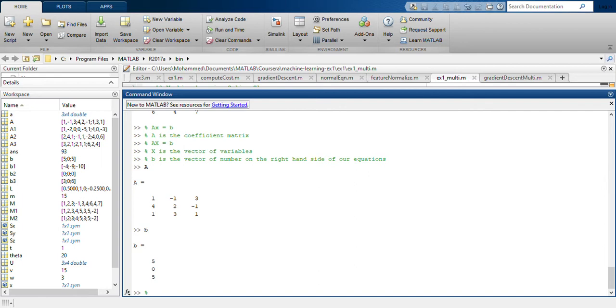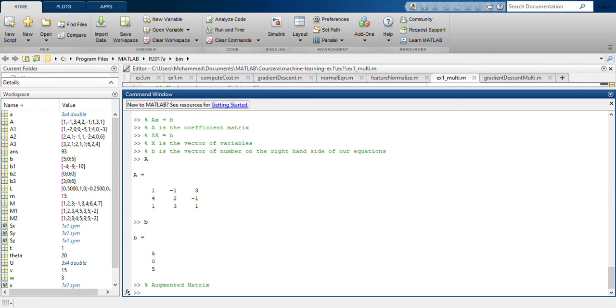To get the augmented matrix, we just need to join these two matrices, right? So we have A, and we want to join the B to the right side of A. So we just put a space or a comma and put the B there.